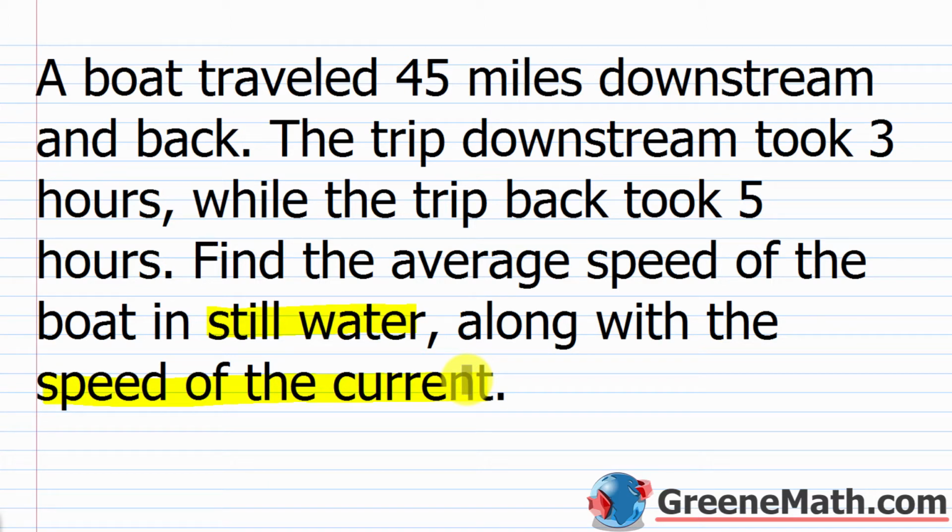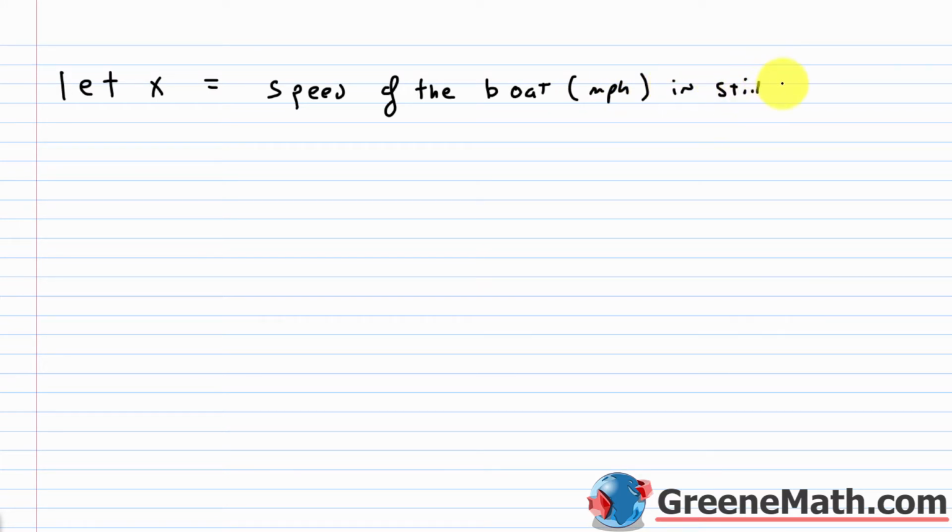So we would start by just assigning a variable to each of those. So a variable to the speed of the boat in still water and to the speed of the current. So let's go down. Let's let x be equal to the speed of the boat, and this is in miles per hour, in still water.